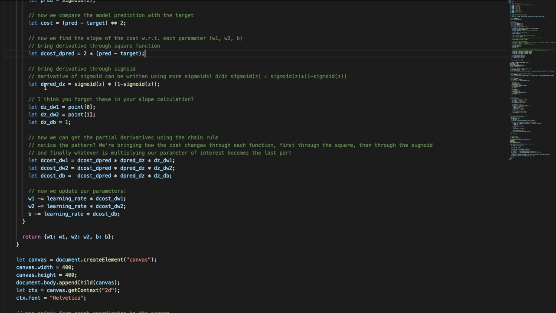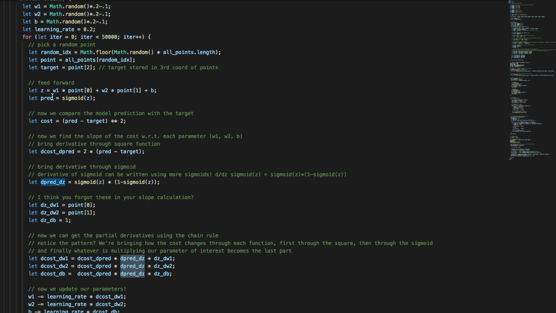Now we have to take the derivative of the prediction with respect to this z variable. If you remember, the prediction is sigmoid of z, so really we have to take the derivative of sigmoid. It turns out that the derivative of sigmoid is actually sigmoid times 1 minus sigmoid. So this is the derivative of sigmoid.